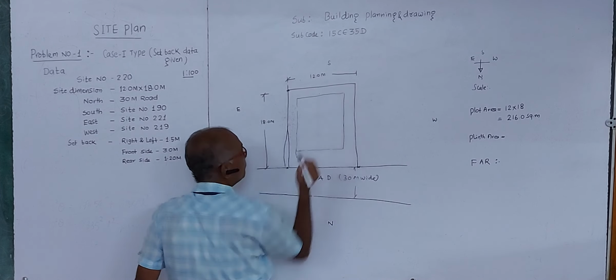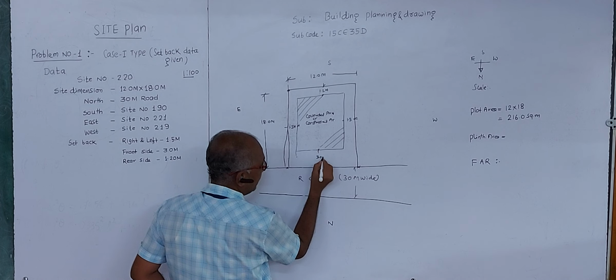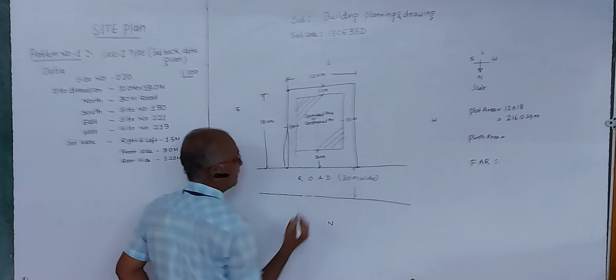It is called the covered area or constructed area. Here this is 1.5 meter, here also 1.5 meter, and here 1.2 meter. That is the rear side, and in the front side always the greater setback, that is 3 meters.